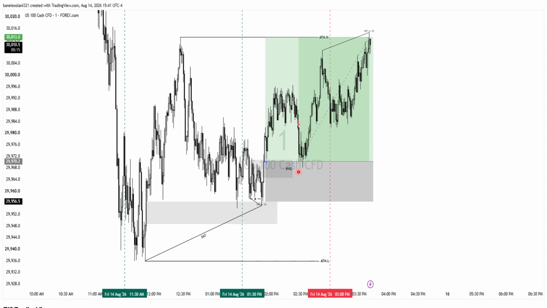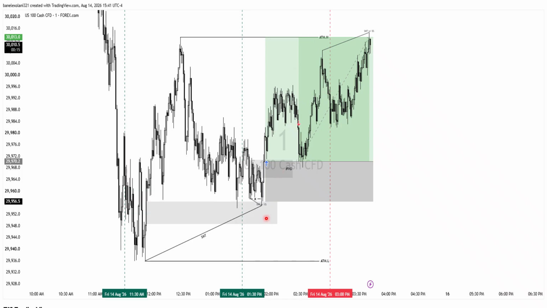So in this example again, what's the rule? I wait for 11:30 a.m. to 1:30 p.m. After that, highest high, lowest low, I'm done. Then from 1:30, I want to see price taking out the low or the high. In this case, I wanted to see the low being taken out first to then target the high.